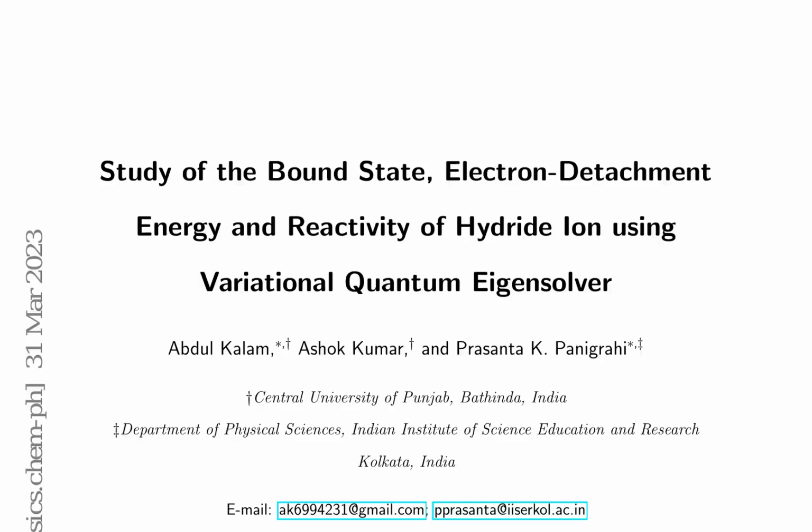The study's results provide valuable insights into the mechanisms of these reactions, shedding light on the complex interactions between molecules. The use of VQE, in particular, demonstrates the potential of quantum computing to solve complex problems in chemistry and physics. Overall, this research contributes to a deeper understanding of proton transfer reactions and highlights the importance of interdisciplinary approaches in advancing our knowledge of molecular physics.